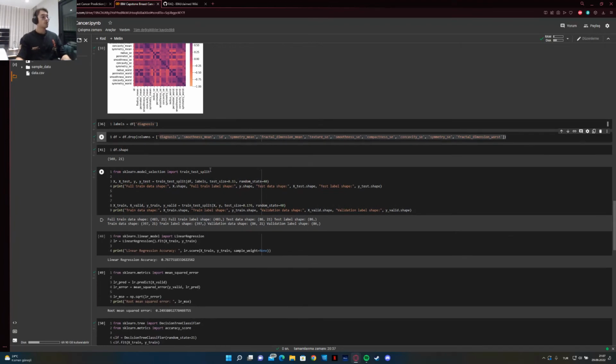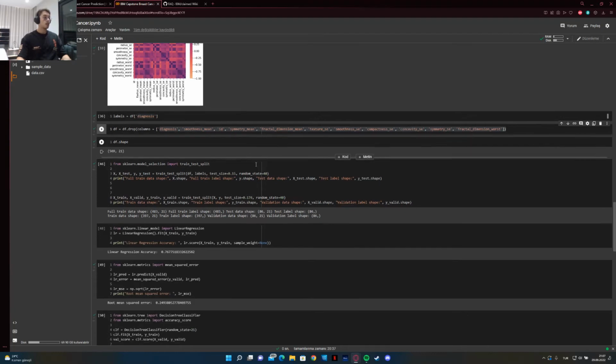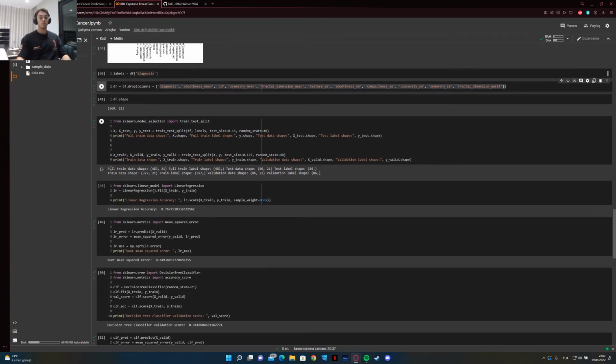Here we use train test split from sklearn model selection. You can see I printed out the full train data shape and full train label shape. I used 483 to train, 86 for validation, and the other 86 for testing.